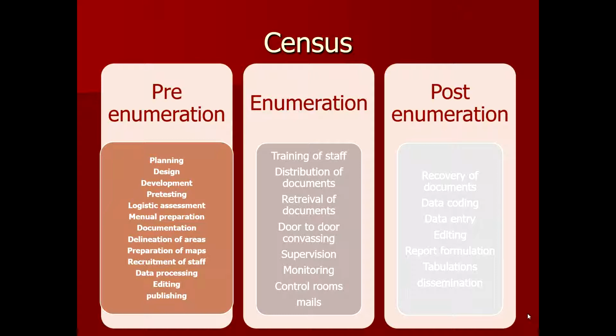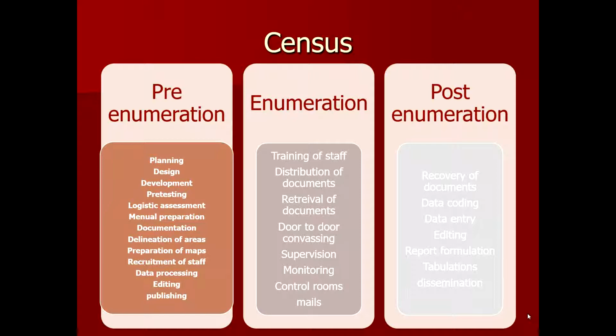Staff is recruited for different areas, told this is your assigned area and you have to do enumeration here. The field staff, the monitoring staff, and the planning staff sit together and decide how the data will be processed, how the forms will be distributed from the policymakers to the monitoring teams and then to the field officers, and how after collection the data will go back to the monitoring teams.